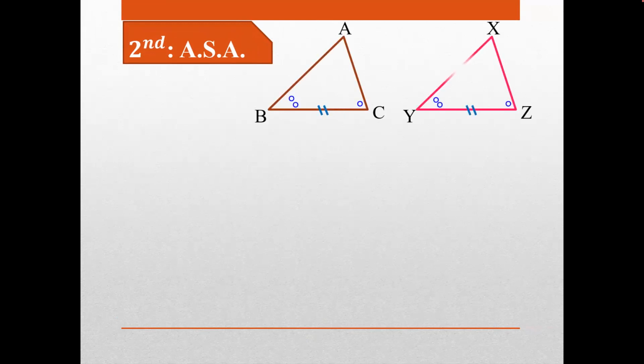The second case is ASA, and it means angle, side, angle. We have two triangles, and we see that angle B is congruent to angle Y, angle C is congruent to angle Z, and line segment BC is congruent to line segment YZ.